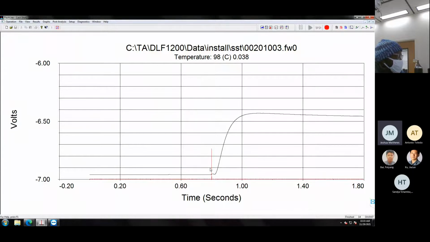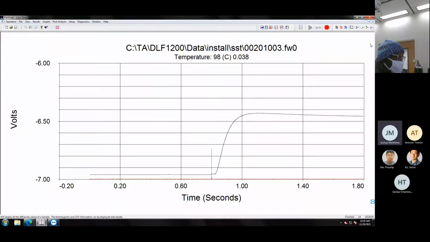So it reads the temperature of the sample. Your furnace puts the sample at a temperature that you want to measure it at, the laser increases that temperature by a degree or two, and the detector reads how quickly that heat transfers through the sample. And that's what that black line is. That makes sense? Yes.